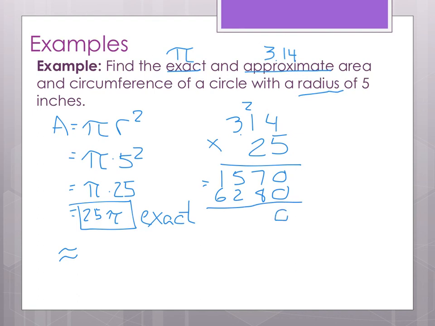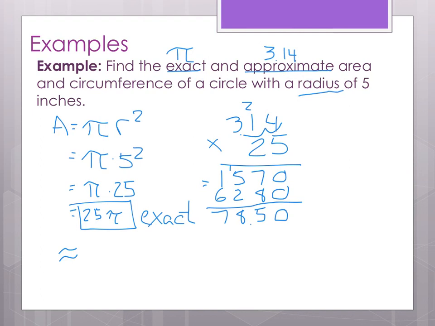Then I'll add these together. 0, 5, regroup the 1, 8, and 7. And I'll move my decimal place in 2 decimal places. So this is 78.5. WebAssign will tell you what place value to approximate your area and your circumference to.